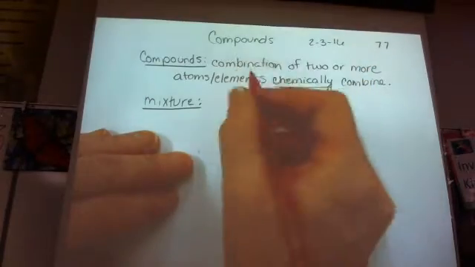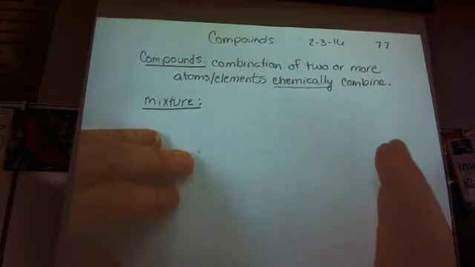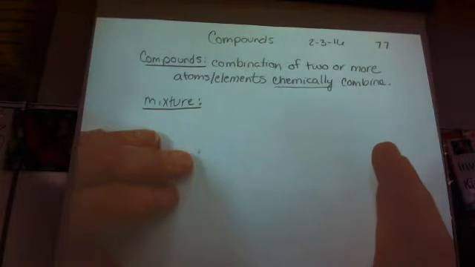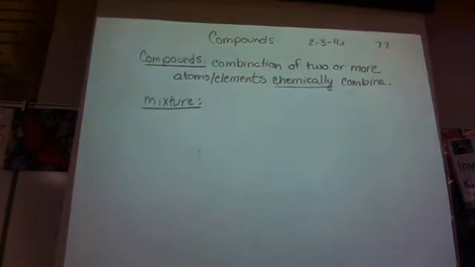So I'm going to write the definition like this. I'm going to say the combination of elements that can be physically separated. So they're close to each other, but you can just kind of move them apart.